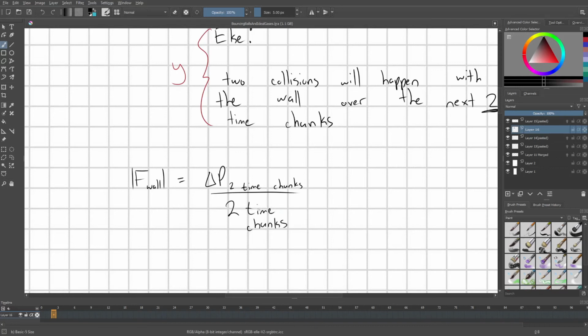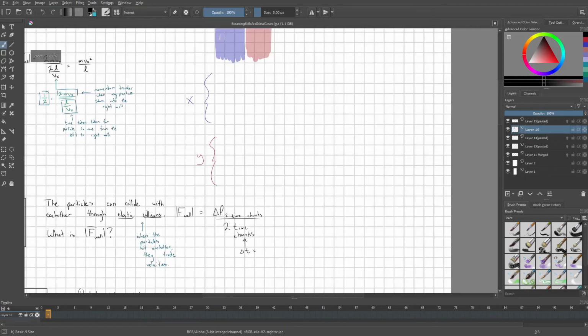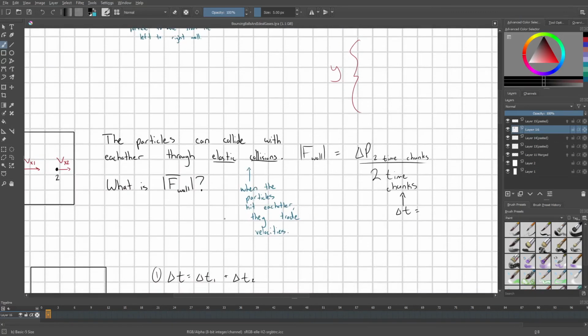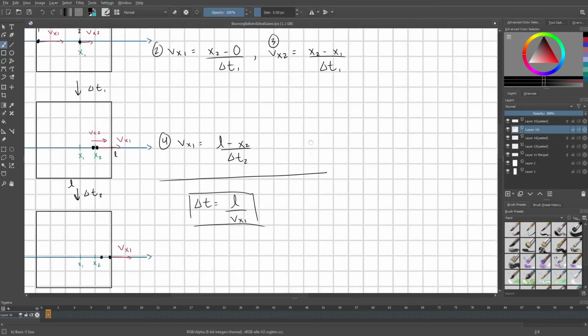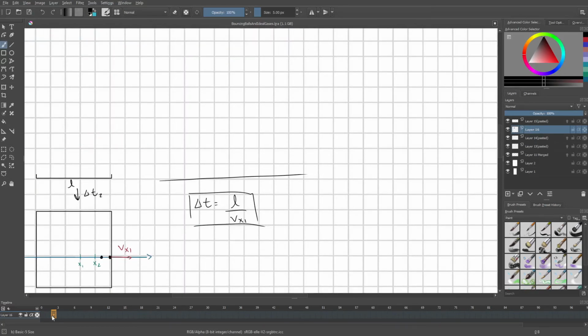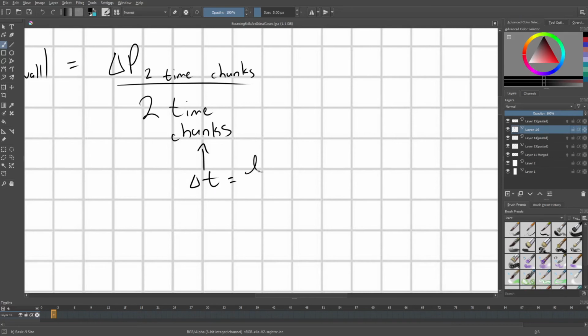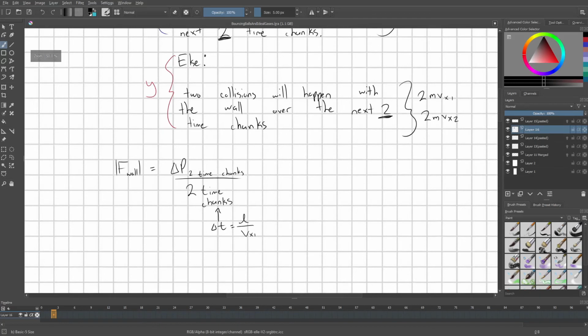We called this time chunk variable earlier just delta t. And this guy was equal to, let's just go back. What was the time chunk, remember? L over Vx1. Okay?